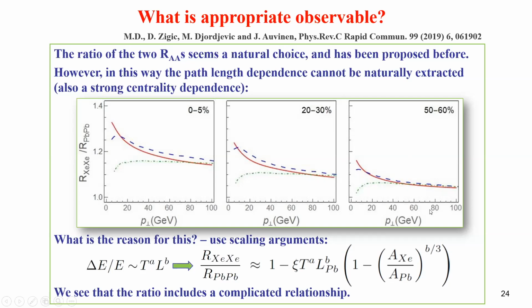So from this figure and from this observable, no useful information can be deduced. And we can ask what is the reason behind this. To do this, we use the scaling argument that fractional energy loss is proportional to T to the A and L to the B, where A is the scaling factor for the temperature and B is the scaling factor for the length.